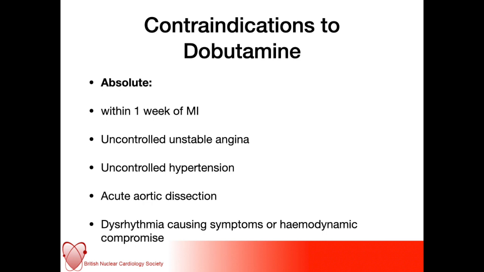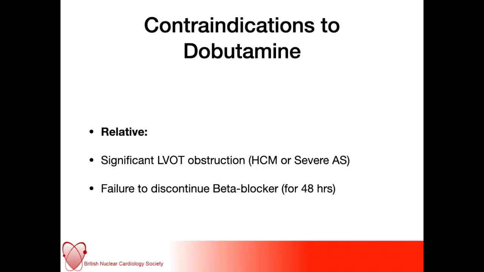Do they have aortic dissection or a dysrhythmia, which will cause them some sort of hemodynamic or symptomatic compromise? Again, left ventricular outflow tract obstruction related to hypertrophic cardiomyopathy or severe aortic stenosis is a relative contraindication, and the patient should be off their beta blockers for 2 days beforehand for the test. Otherwise, that will blunt their tachycardic response that we're trying to achieve.